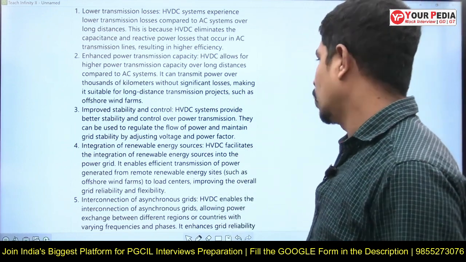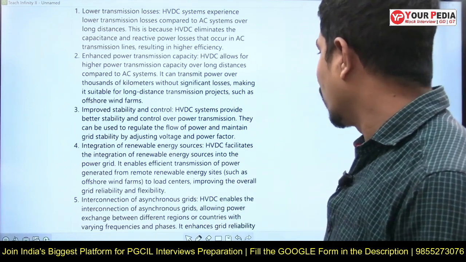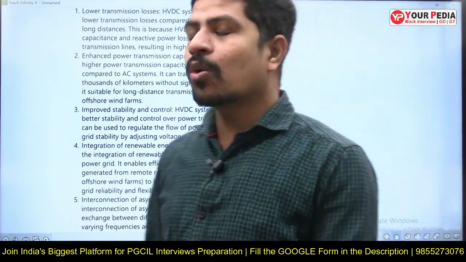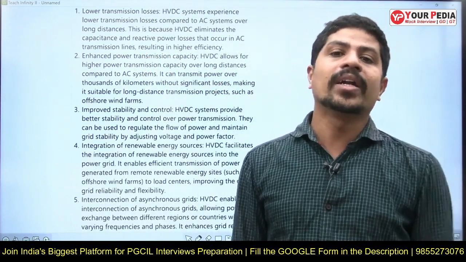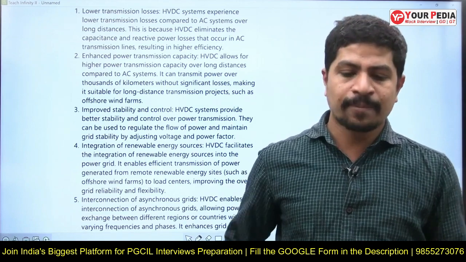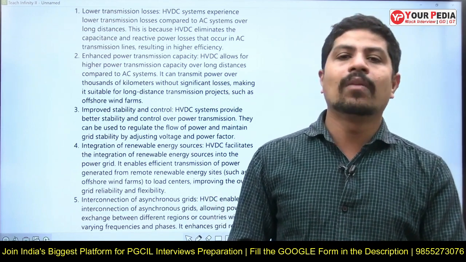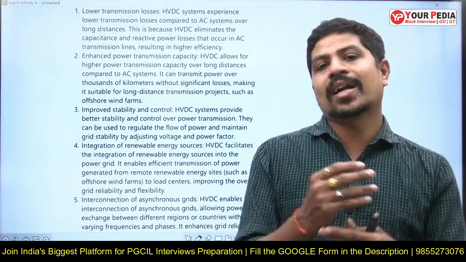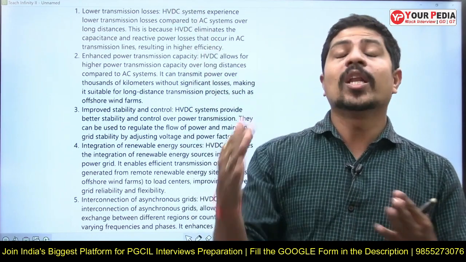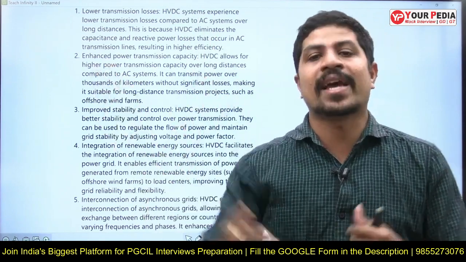Improved stability and control. Integration of renewable energy sources. If you are going with HVAC, it's not possible to connect directly to the grid. For example, there is a windmill. In a windmill, an induction generator is used, but we can't connect that induction generator output directly to the grid. In between, we have to connect an AC, DC, AC cascade.